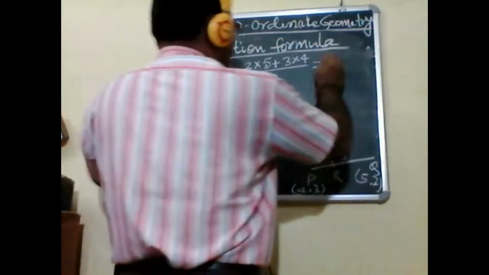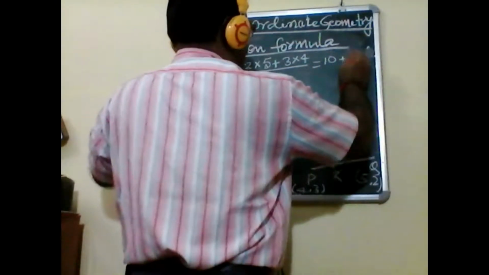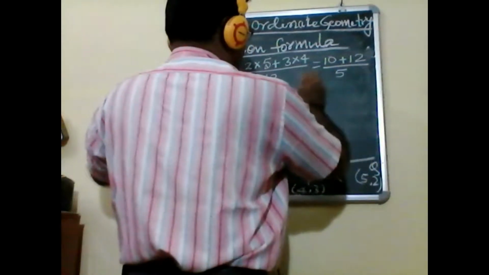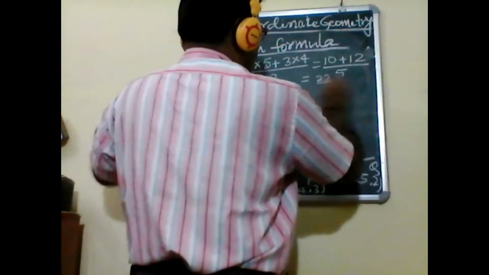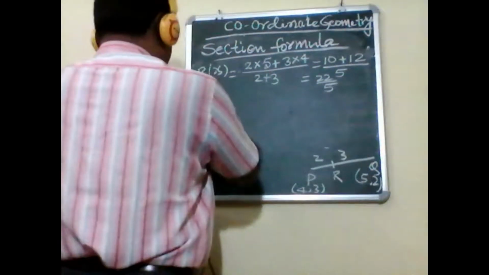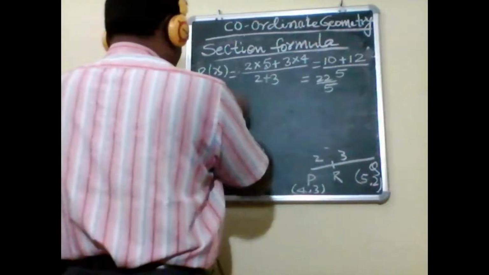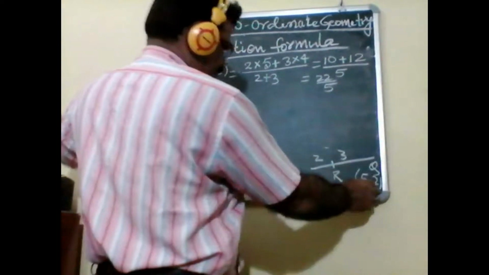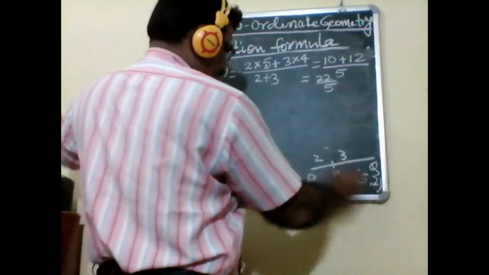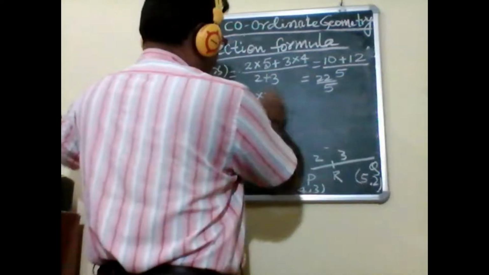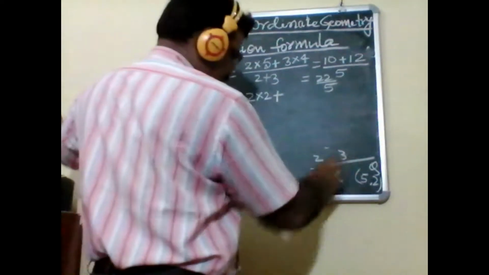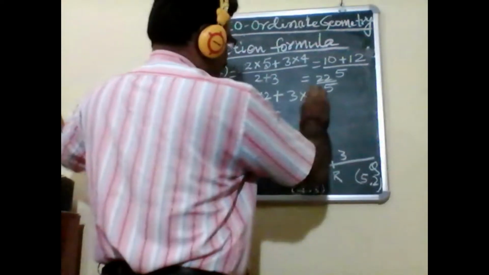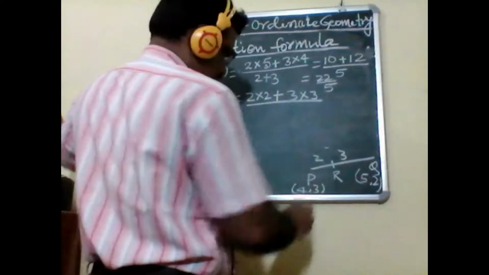So 10 plus 12 divided by 5, we obtain 22/5. The y coordinate at point R can also be written like this: m1 y2 plus m2 into y1, the whole divided by 2 plus 3.